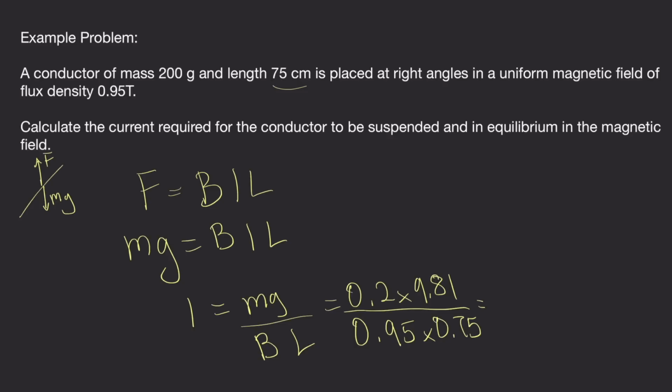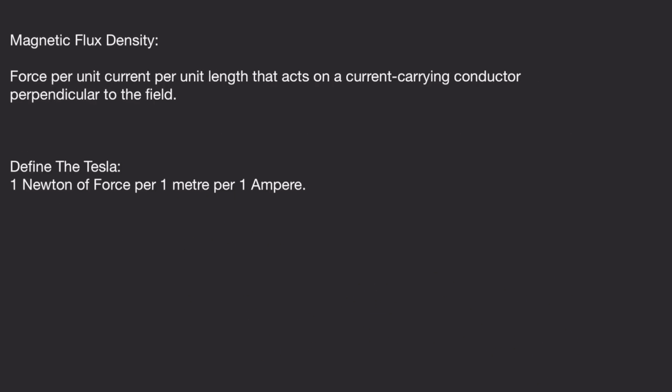And this here is around 2.75 amps. We're given mostly two significant figures, or shall we just say 2.8 amps. And let's talk about magnetic flux density. So an equation for it can be found from F is equal to BIL.